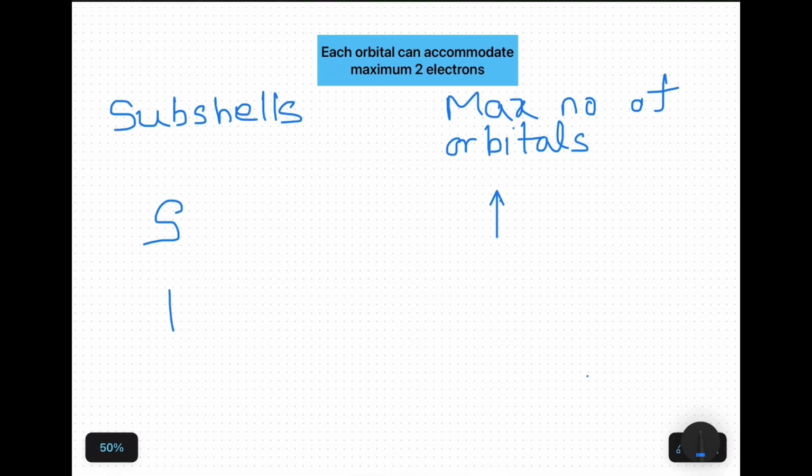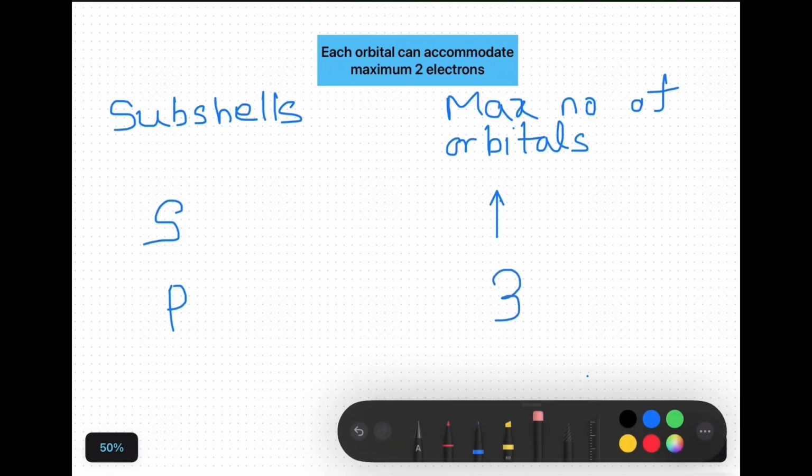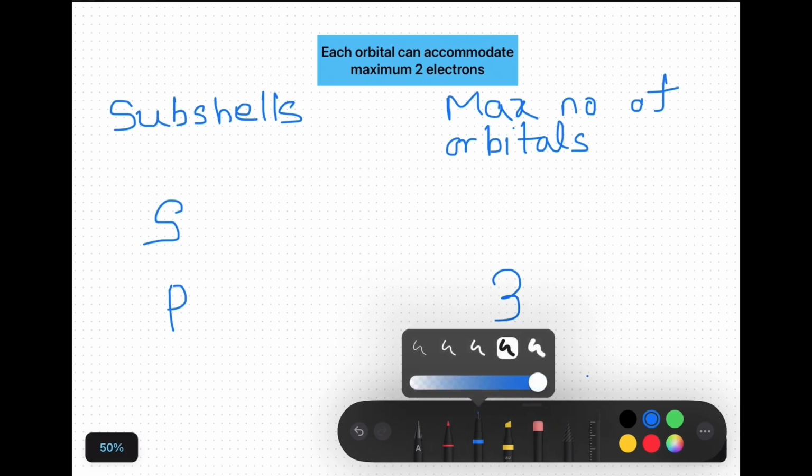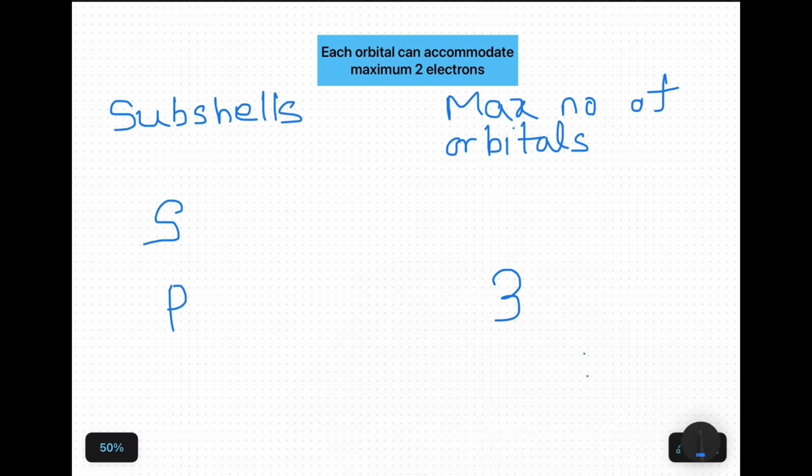For subcell P, the number of electrons is 6. So the maximum number of orbitals will be 3. Let me do one correction over here. This is going to be 1.